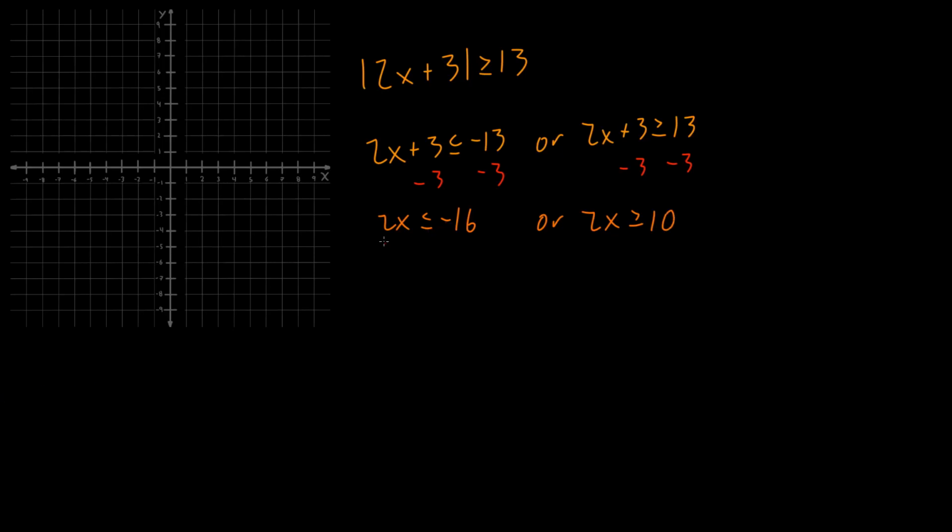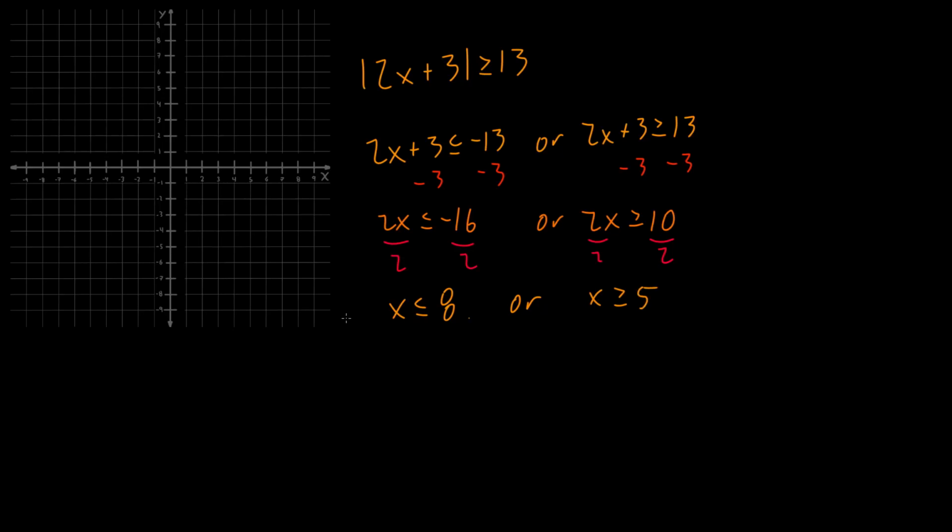We're now going to get rid of the coefficients, so divide everything by 2 here. And this is going to leave us with x is less than or equal to negative 8, or x is greater than or equal to 5.